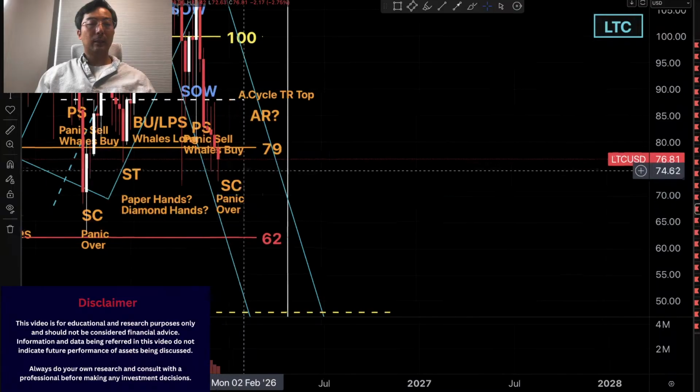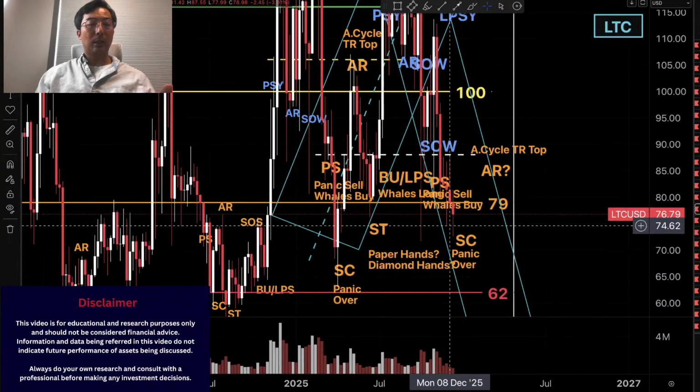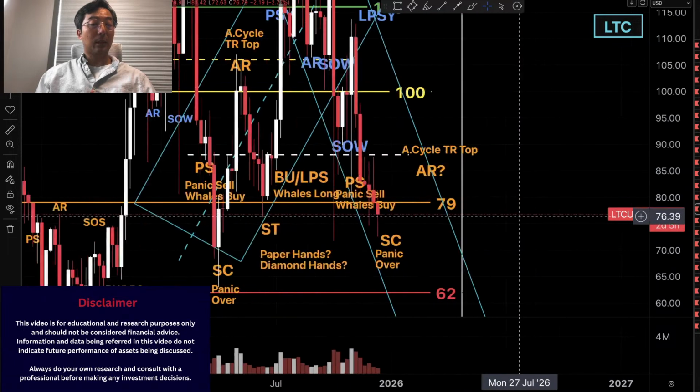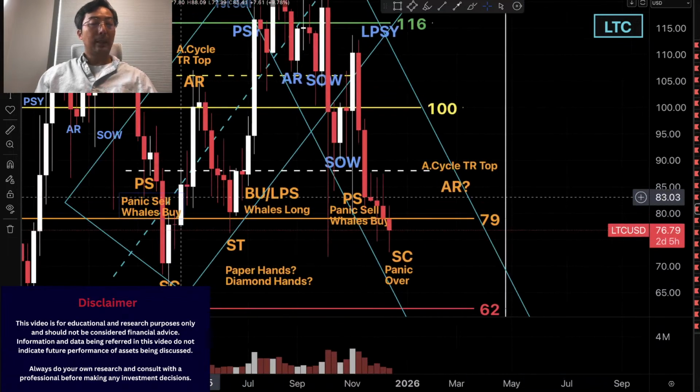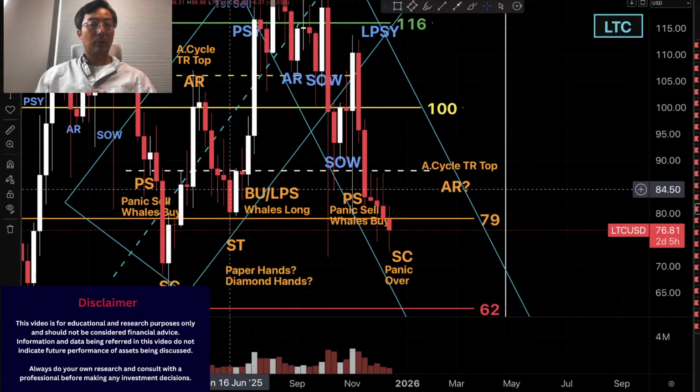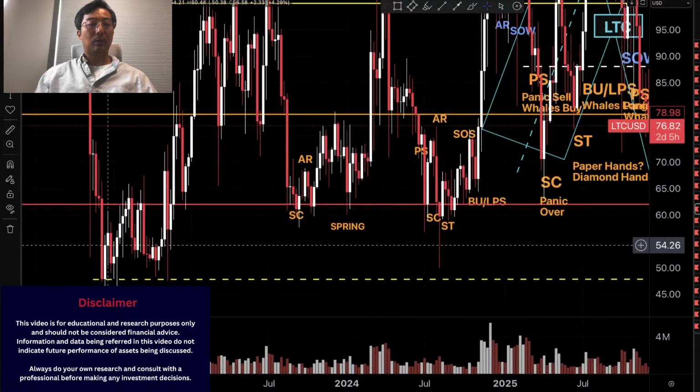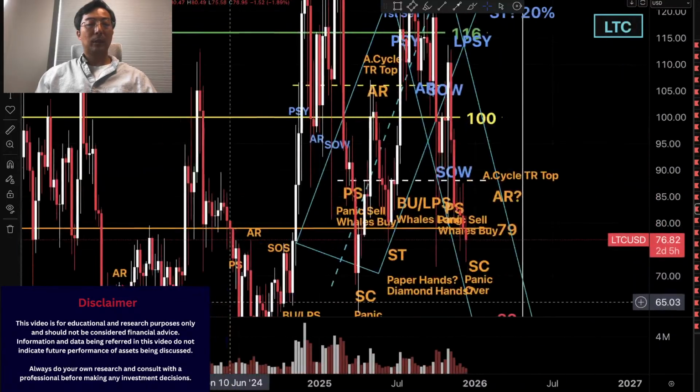So, assuming we are really at the selling climax for Litecoin, and it's going to accumulate at a higher level around the orange key level of $79, which it did during 2025 second quarter, compared to what happened back in 2023-24, which accumulated at a lower level.